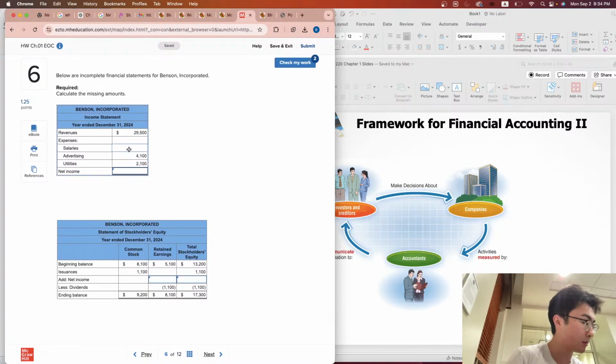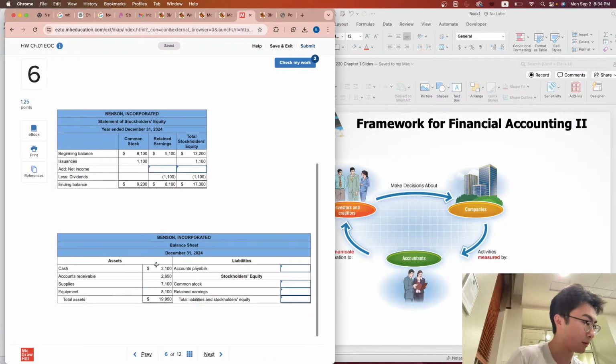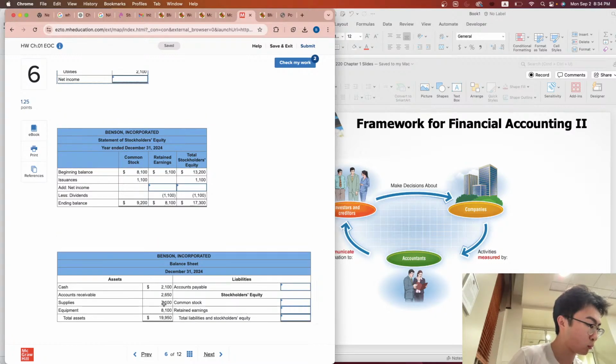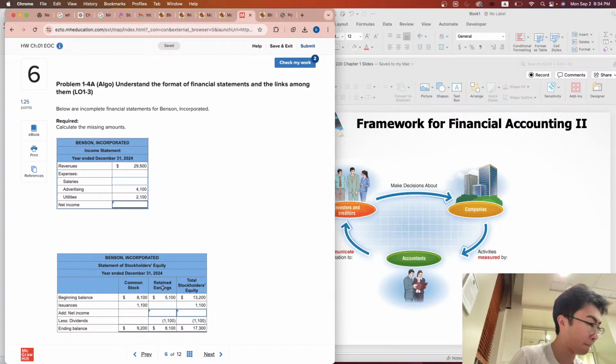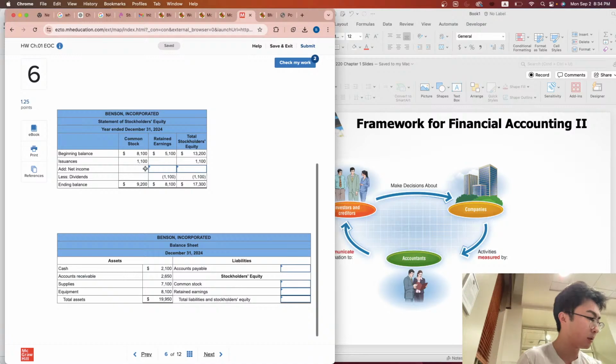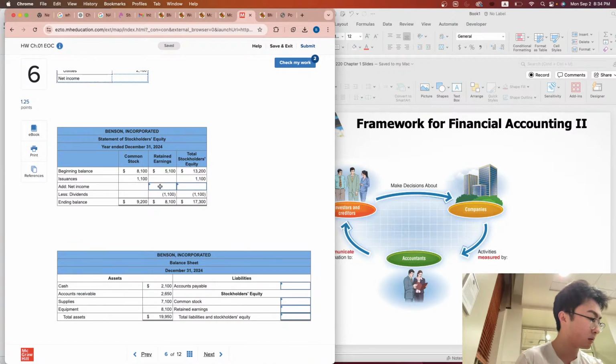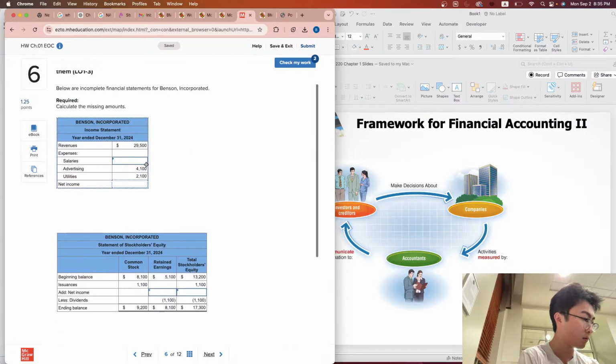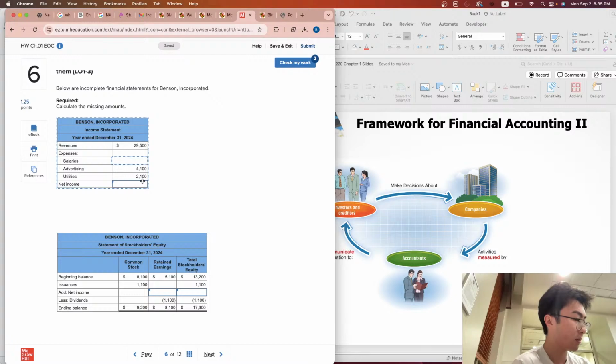So salaries expense, I guess we could probably find that from the balance sheet. Okay, add net income, utilities, advertising. Okay, so where are we getting the salaries from?